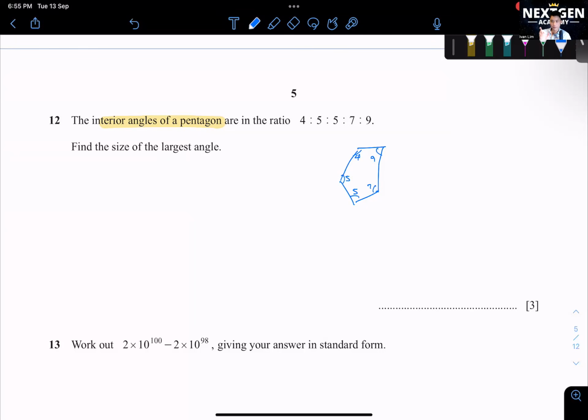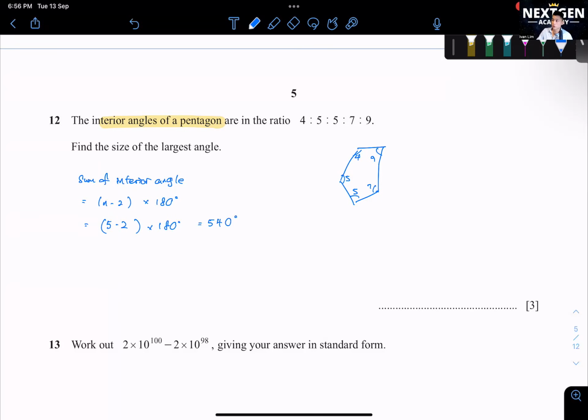No easy way, you have to memorize it. Sum of interior angles: n minus 2 times 180 degrees. So 5 sides minus 2 times 180, 3 times 180, you get 540 degrees.